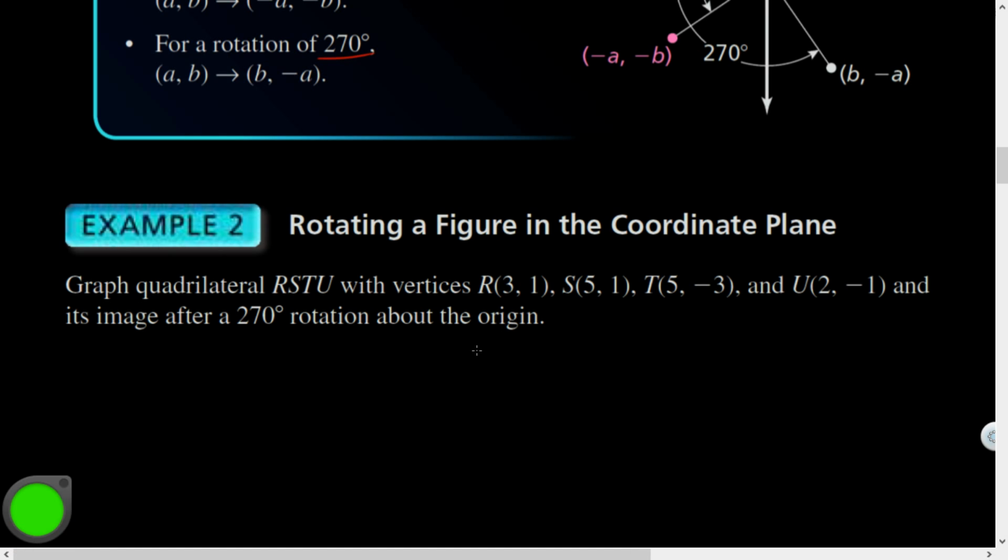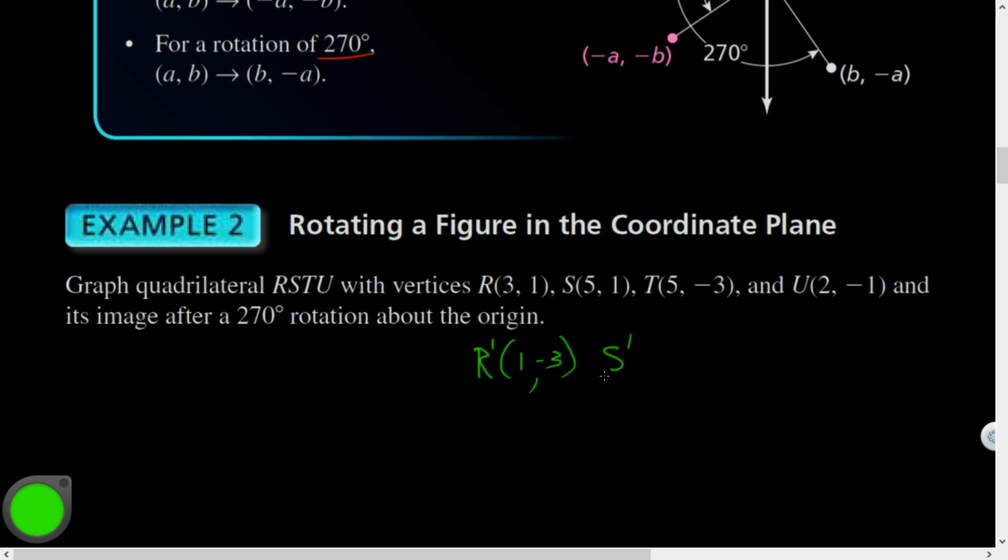What is R prime going to be according to this property? Yeah, we're rotating 270 degrees about the origin. So flip them, and so that's 1, 3, and then which one becomes negative? Yeah, 1, negative 3.